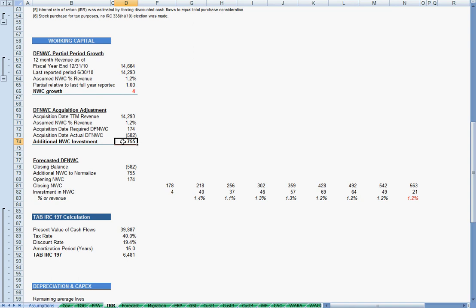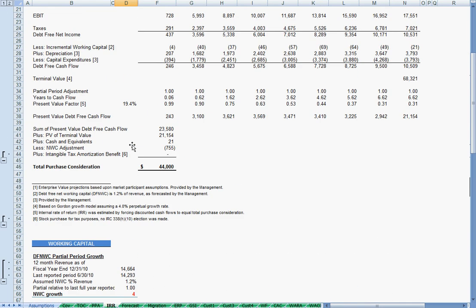So this 755,000 is really the difference between theoretical required and actual level of net working capital. Because we assume that this investment happens on day 1 to run those operations, it doesn't have to be discounted, and so this number 755, you'll note it goes here. And again, it's with a minus because it reduces the value of all those other cash flows and positive things that we acquired. That's how it affects those operations, and that's how it affects this calculation.